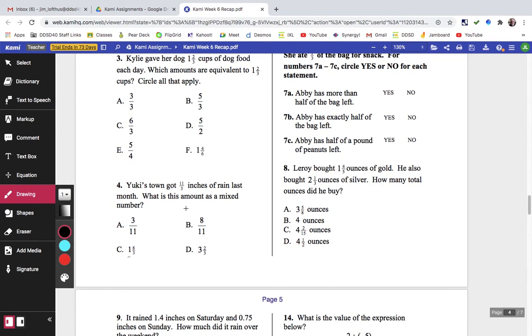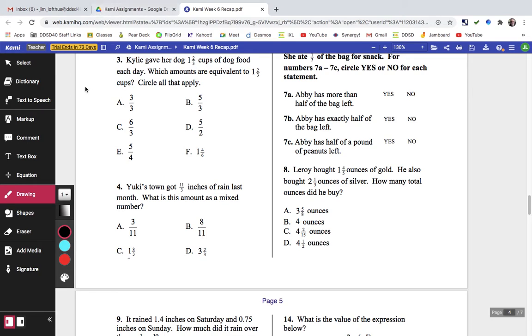Let's look at 3. Kylie gave her dog 1 and 2/3 cups of food each day. Which amounts are equivalent to 1 and 2/3? So I'm going to change 1 and 2/3 to 5/3.